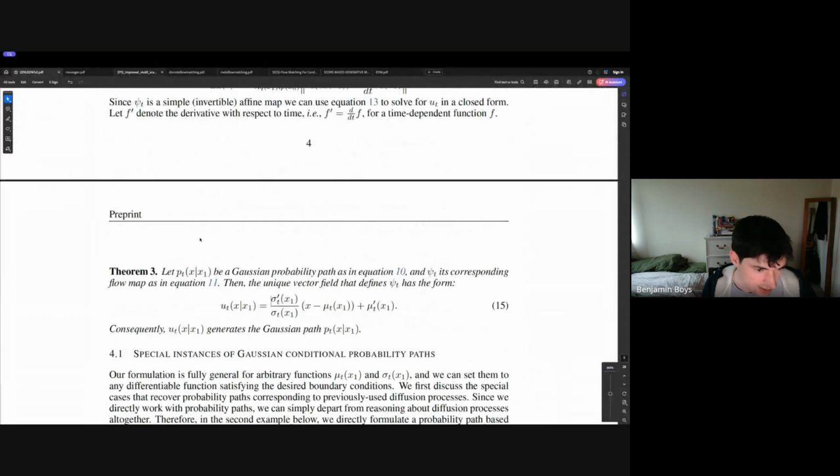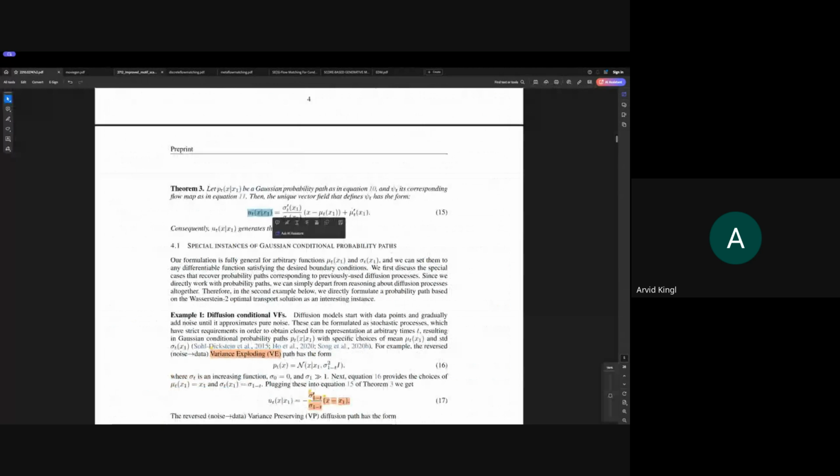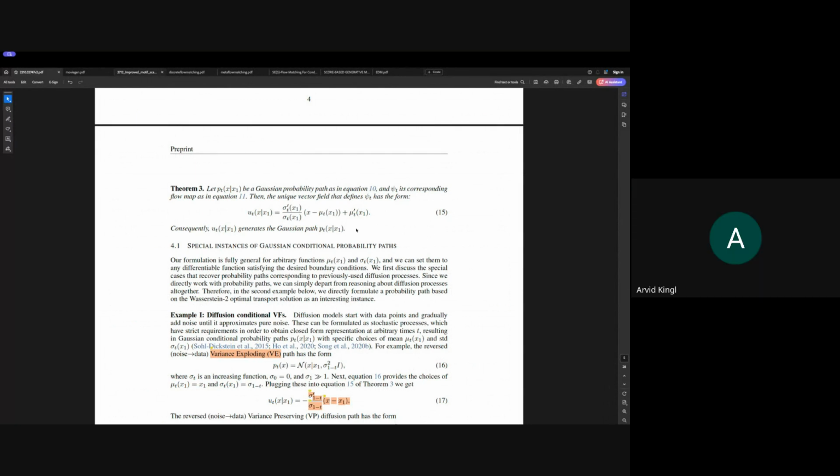Theorem 3 will have a derivation, and you can see how they're going to compute this. So this is calculated in one single step? That's right, yeah.